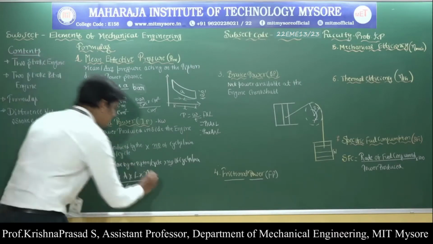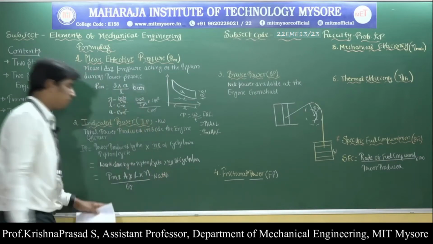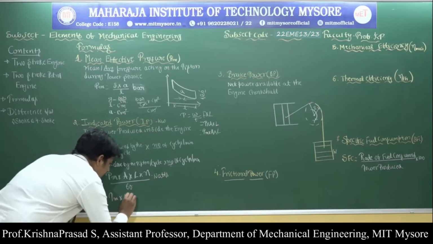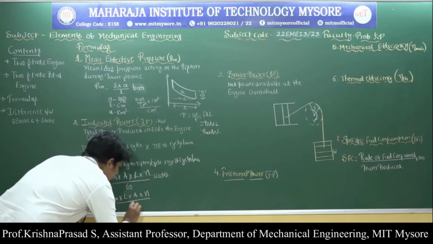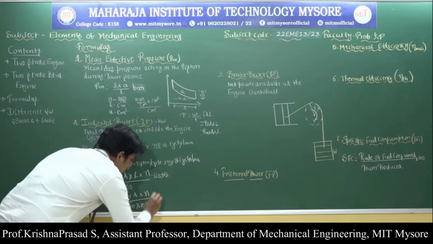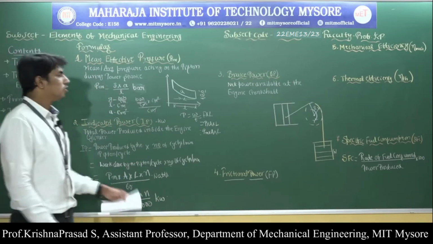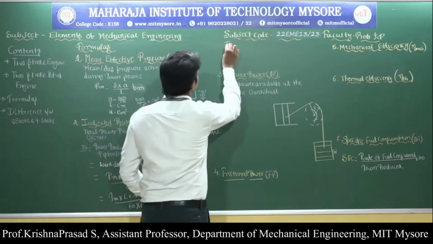So this is regarding watts. If you want to take it in kilowatts, then it is PM into L into A into small n into 60 into 1000. This is in kilowatts. Then what is the formula for IP for a 4-stroke engine?